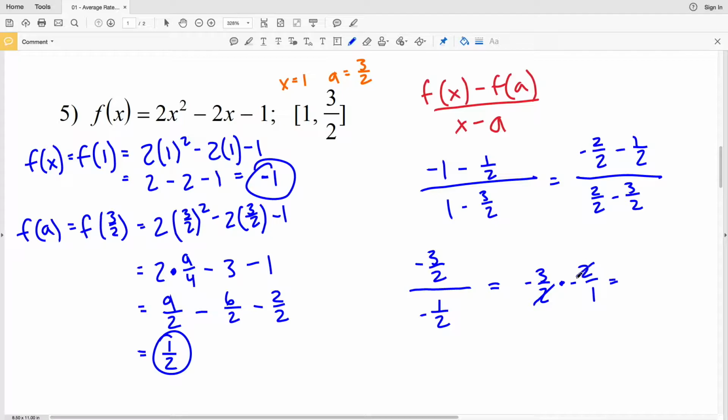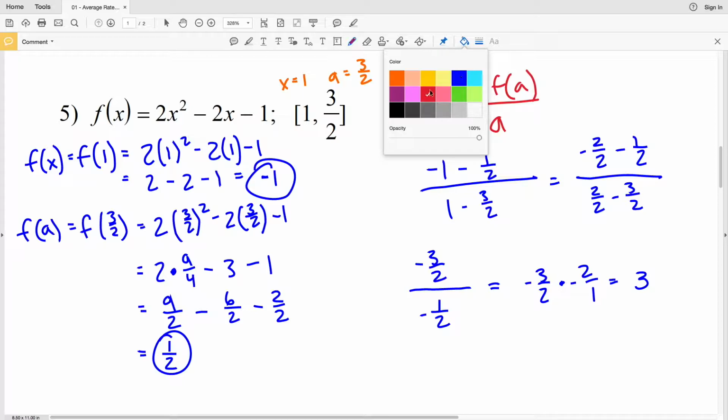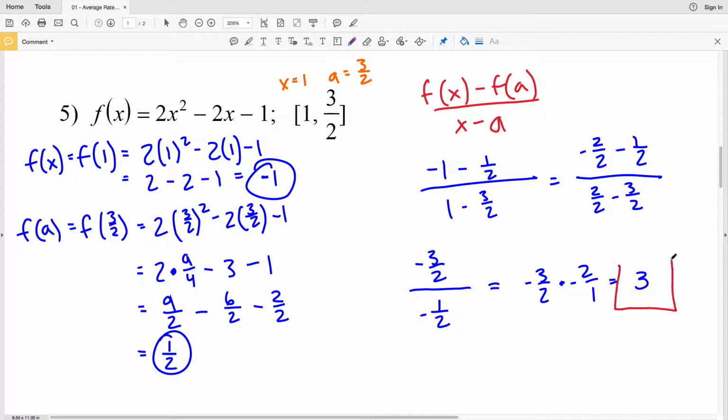Or we could simply cancel out the 2 in both the numerator and denominator to get -3 over -1, which is a positive 3. So 3 is my solution in number 5. So 3 is the average rate of change from x equaling 1 to the point where x is 3/2.